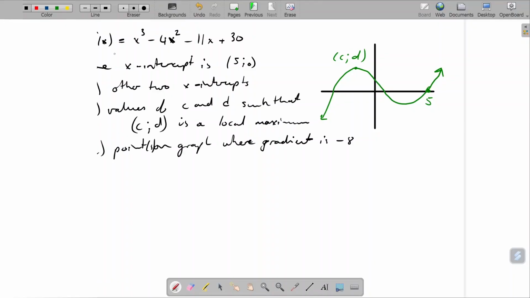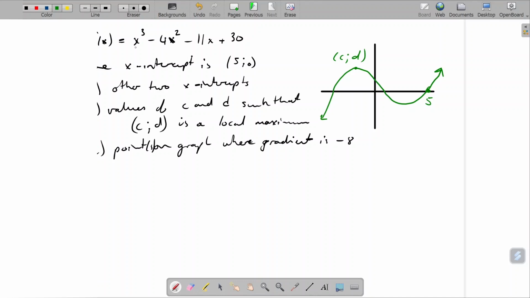Okay, I've got one further example. In this particular one, they've given us the picture and the equation of the function, and I just need to tidy up my handwriting. I need to make sure that that looks like a square. Okay, so our function is f of x equals x cubed, so it's going to be a cubic function.